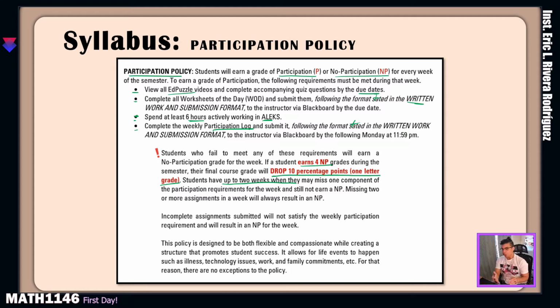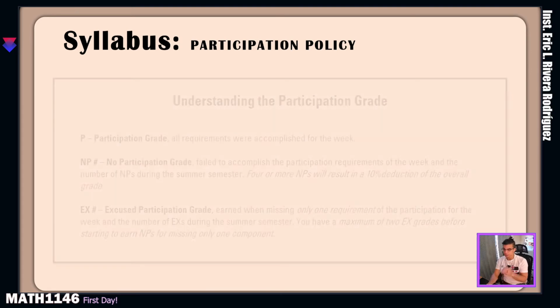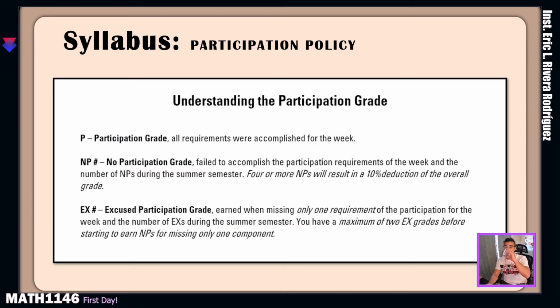You have up to 2 weeks to miss just one, and you are not going to receive an NP grade. Right? If you use those 2 weeks, the next week when you miss just one component, you will earn a no participation grade. Okay.